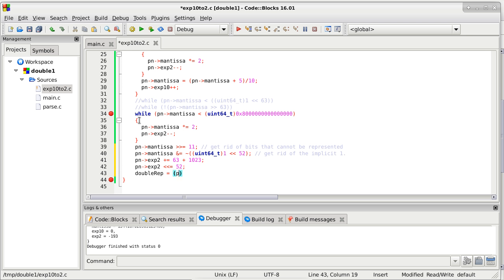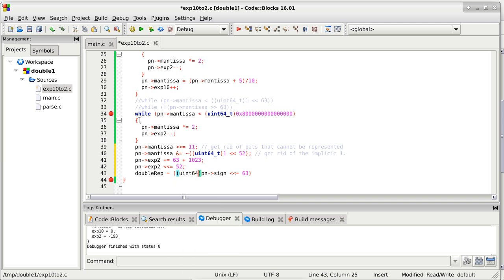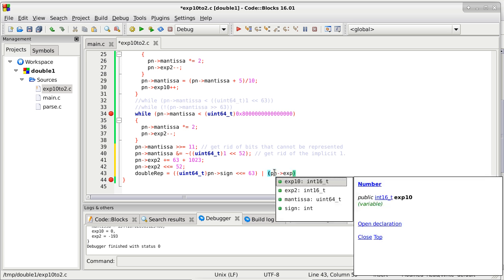We have the sign, which has to be shifted 63 times, and it is best to cast it to an unsigned 64-bit integer first. And then bitwise ORed with PN exp2. And because exp2 is a 16-bit number, I can't really do it this way.